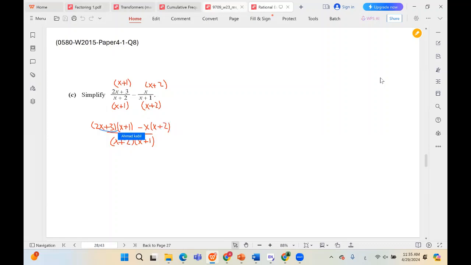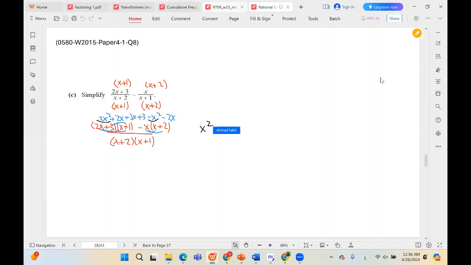We start to expand, so we get 2x power 2 plus 2x plus 3x plus 3 minus x power 2 minus 2x. And we start collecting the like terms. So here we have 2x power 2 minus x power 2. And this gives us x power 2.